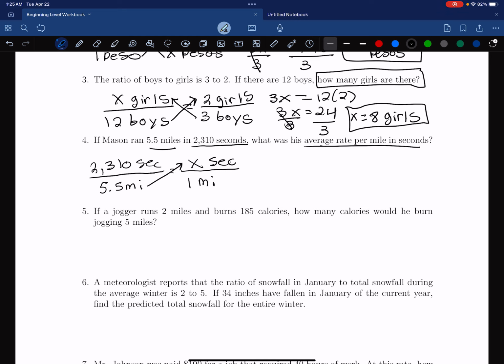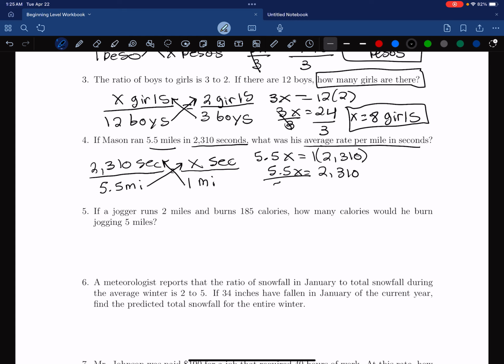To solve this ratio, we're going to cross multiply. You get 5.5 times x equals 1 times 2,310, so 5.5x equals 2,310.